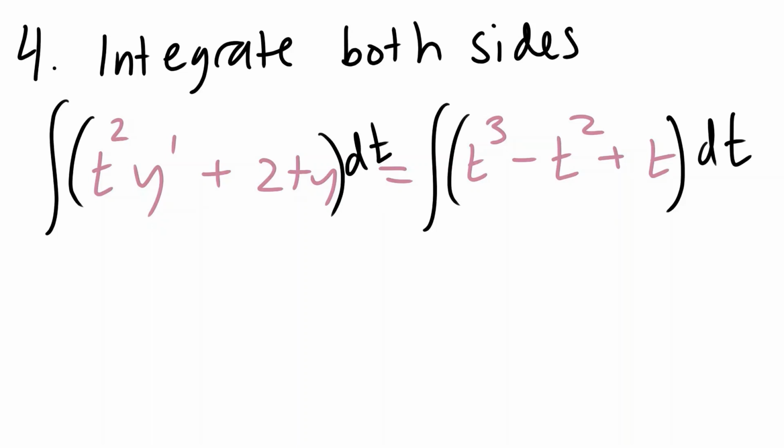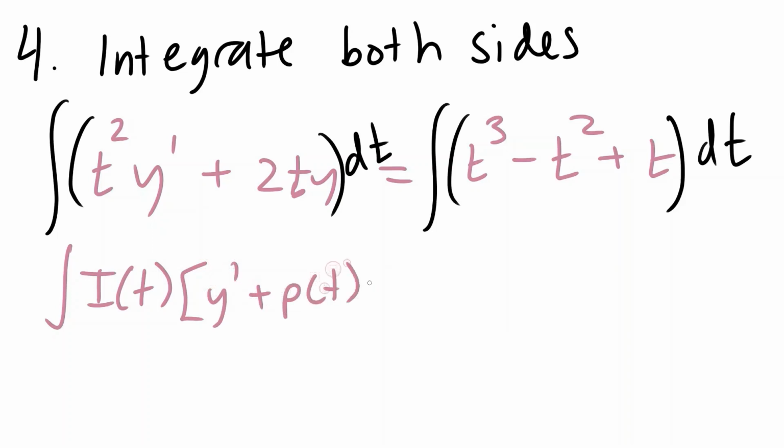We could integrate this like a normal integration, but the interesting and cool thing about integrating factors is that the left-hand side, which is always going to be the integrating factor times y prime plus p of t times y, is exactly what we did here.